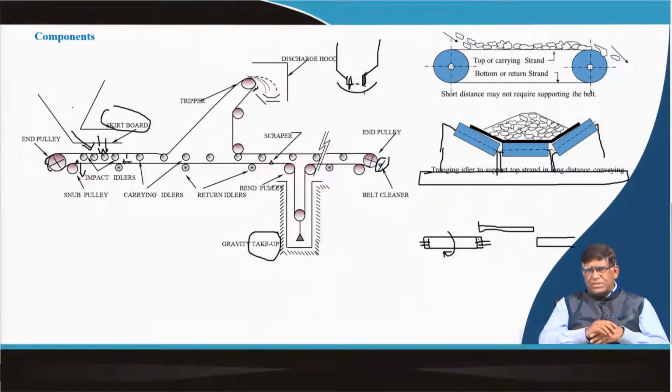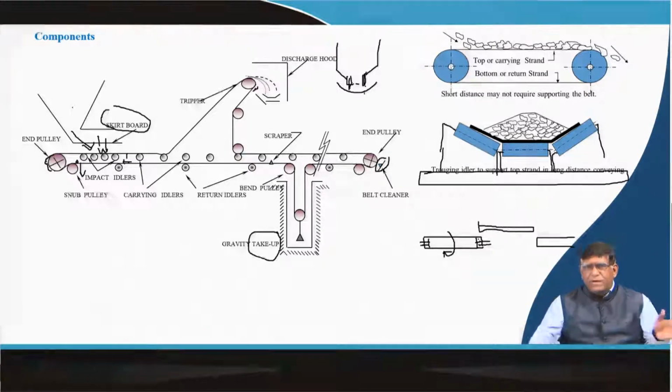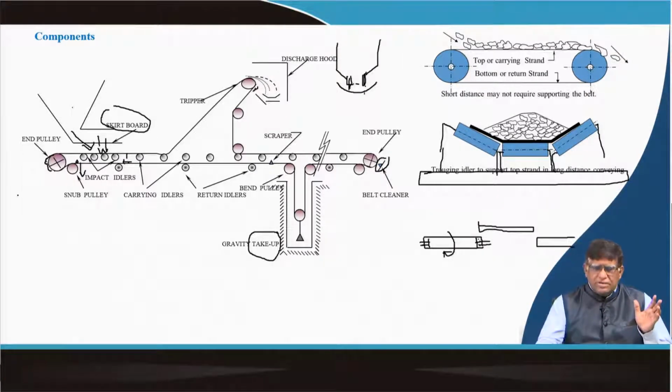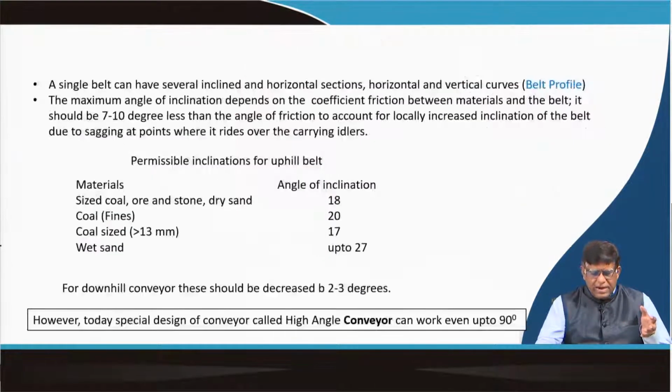But I will always say, if you happen to go to your colleges or on the internet, you can find the Trans Tech Publications, the Bulk Solids Handling journal. There are a lot of good articles on conveyor design and their constructions. Particularly, if you look at the 80s Journal of Bulk Material Handling, it will give you the basic concepts of conveyor belts.